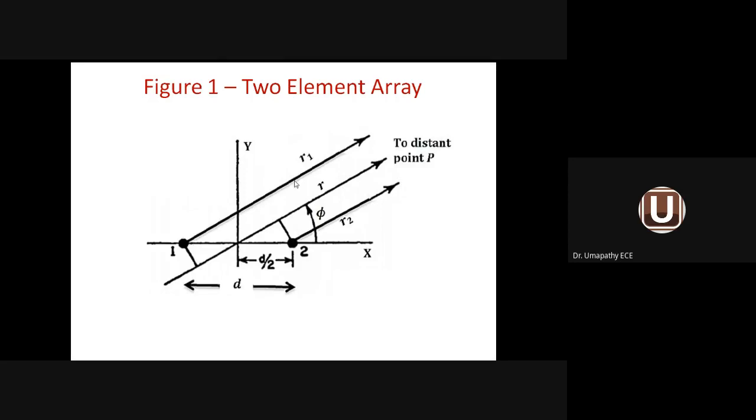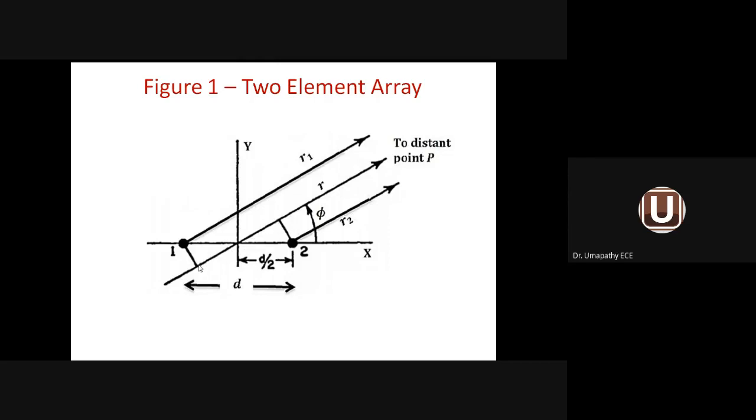This is the distance traveled by the first element, and this is the distance traveled by the second antenna element. This one is smaller, this one is bigger. How do we create a relation between these two distances? This distance is extra, and this distance is extra, one here and another there, positive and negative. This is angle phi, and this portion is d by 2 cos phi.